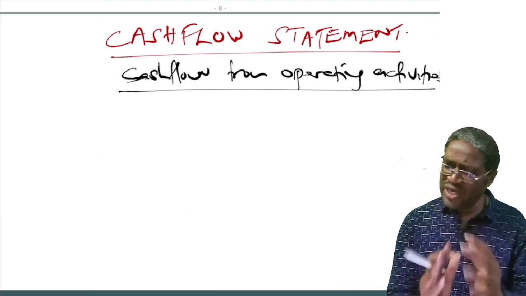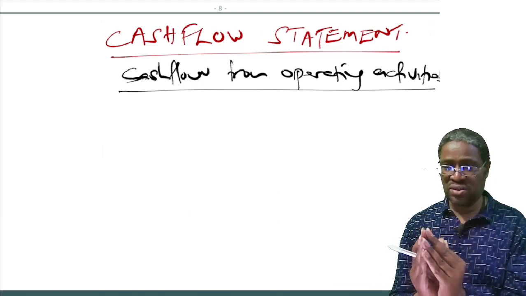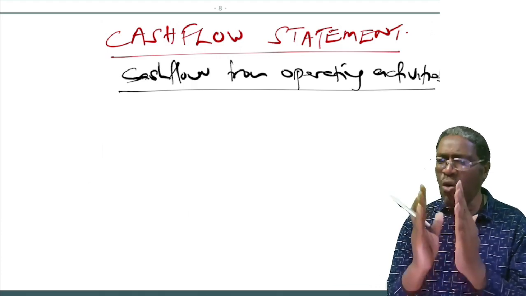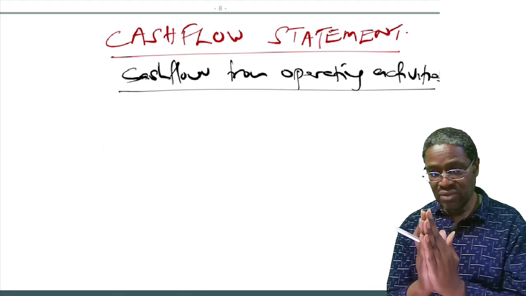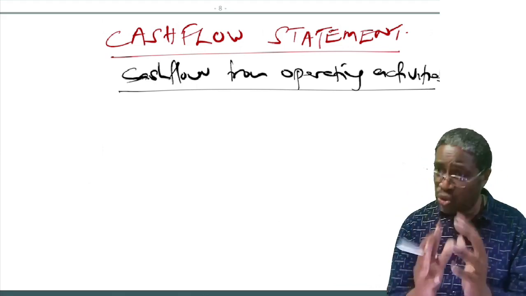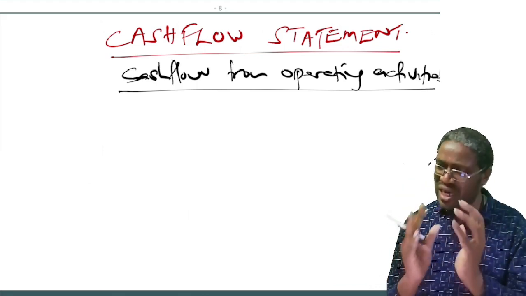So we want to find out, from all those kinds of transactions which are normally used in the determination of profit, how much was the actual cash flow from all the transactions we undertook this year as a company, which are from operating activities.